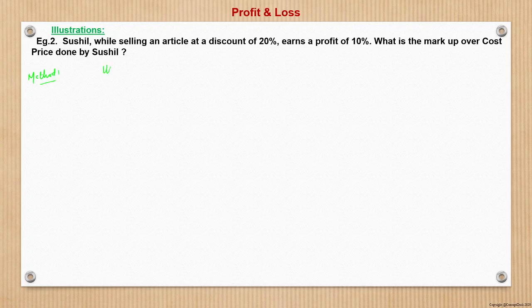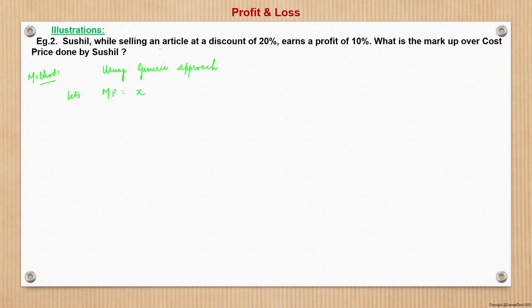Method 1, using the generic approach. So here it asks for the markup over cost price done by Sushil. Let us assume that the marked price is equal to X.